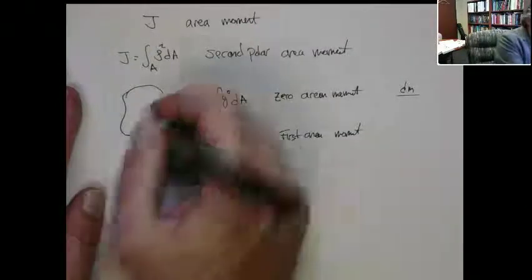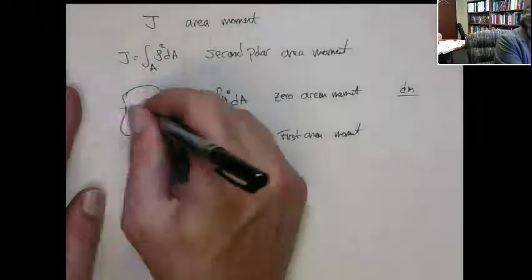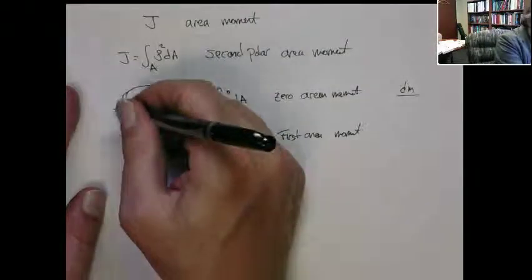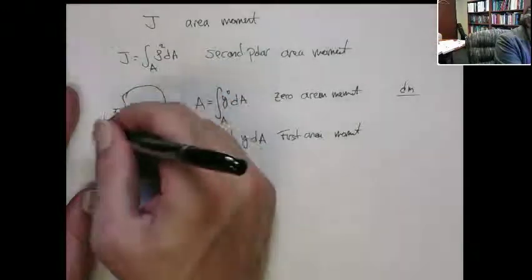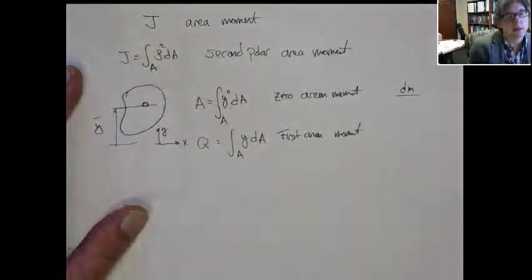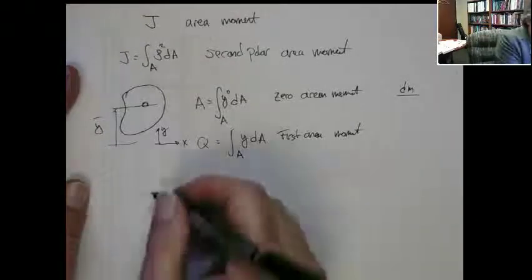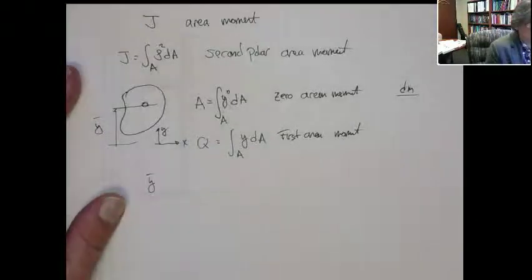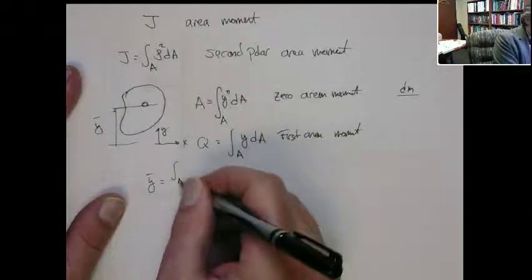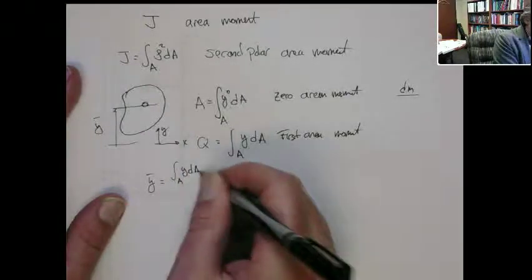So, for example, let's say you want to find the location of the centroid of this shape, right? And it's denoted by this distance here, this sort of y prime. That's at least the distance to the y center, right? You can also do x prime. But for example, y prime, those who remember, is the integral over the area of y dA over the area.